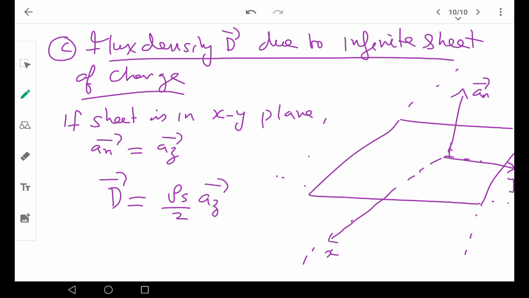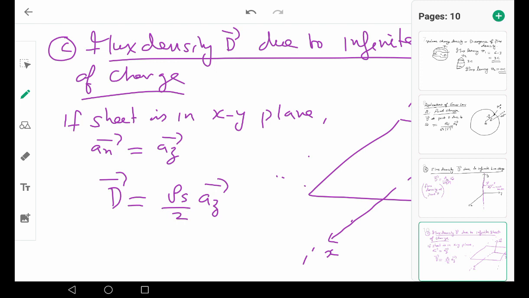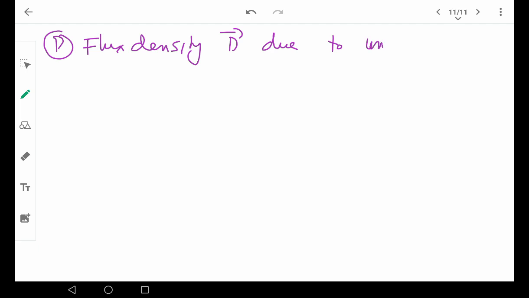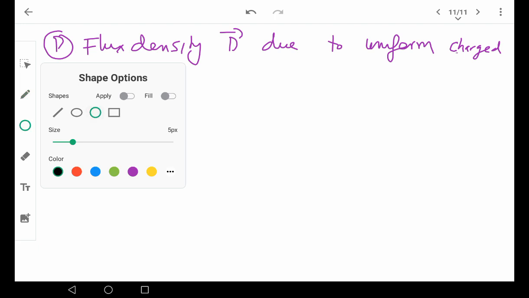Now we will have another case, uniform charged sphere. That's the last case that we will study, case D. If I have a sphere, I'm having a sphere here.